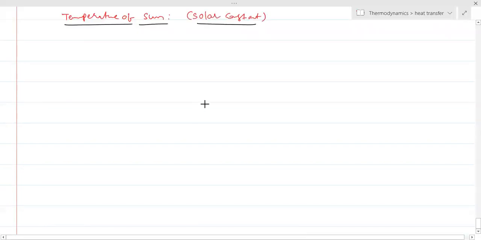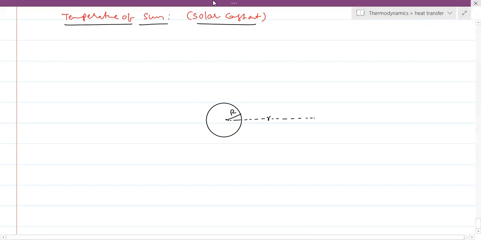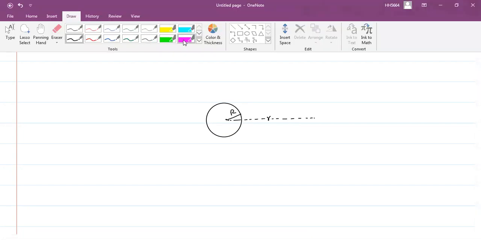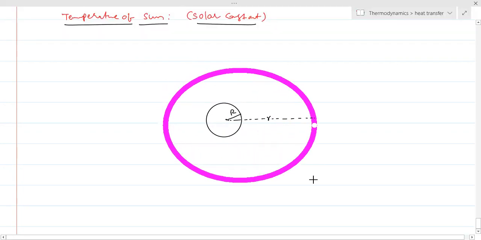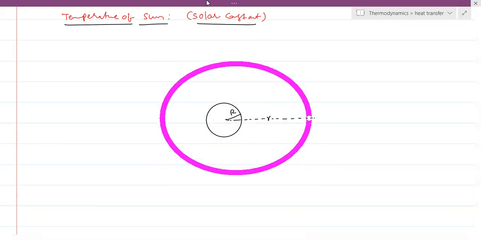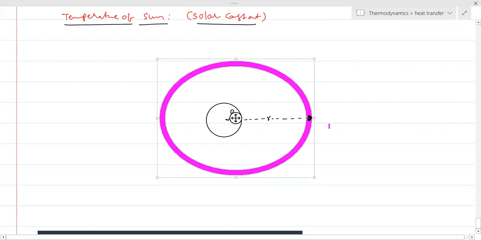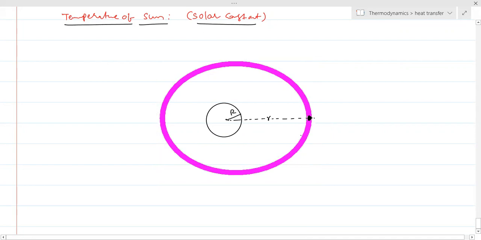For example, this is the sun we are taking, of radius R, and we are observing at a distance r from the center. In a three-dimensional way, we are now focusing on a small unit area at a distance r.